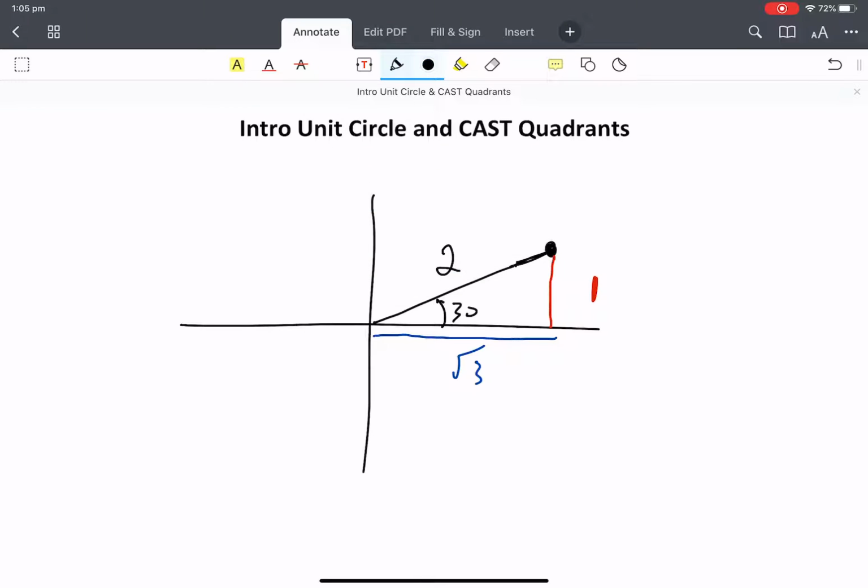Then we're going to say, think of this as a point on a Cartesian plane where it's x, y. Hopefully you're happy that that's root 3, 1. So for the terminal ray, for the angle of 30, my x component is root 3. My y component is 1.